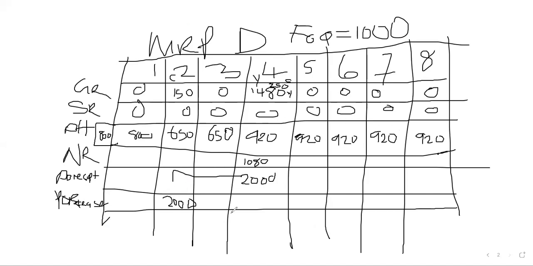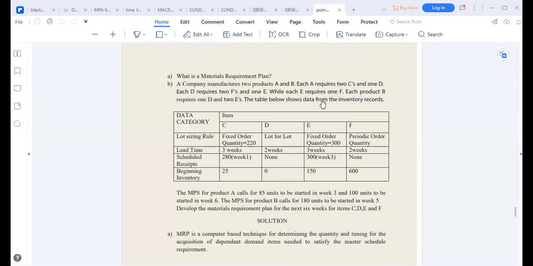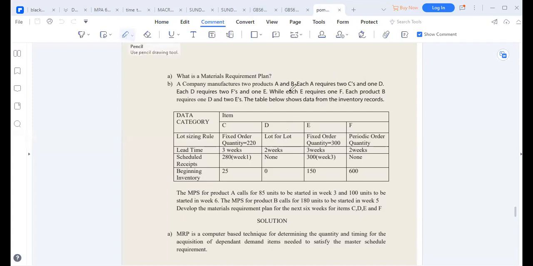So from the concept that has been given according to the 6 components that are supposed to be there, this is a similar question that we can look at in this pamphlet. They're talking about an MRP question where they are producing 2 products, A and B, and we have this lot size.